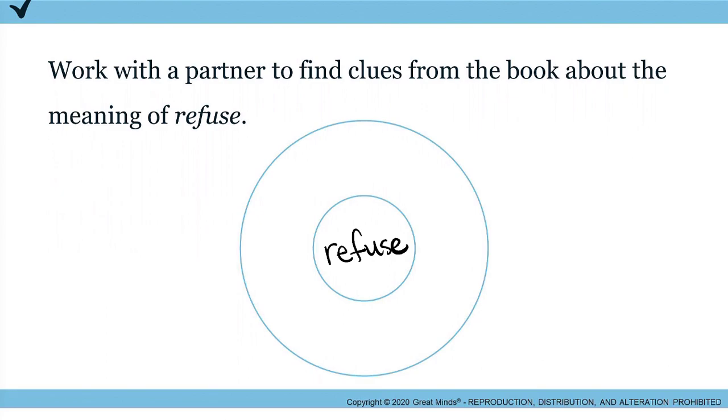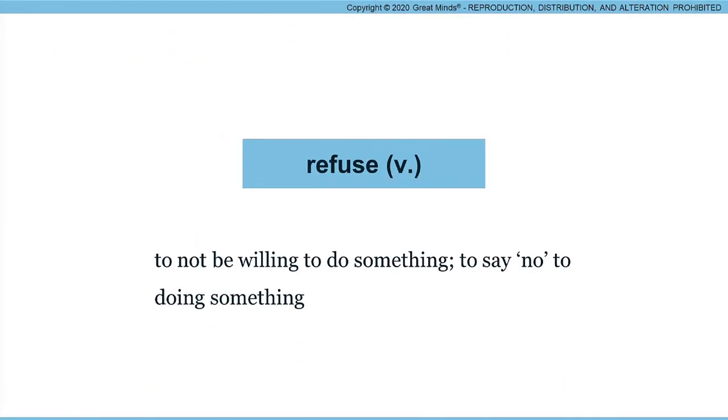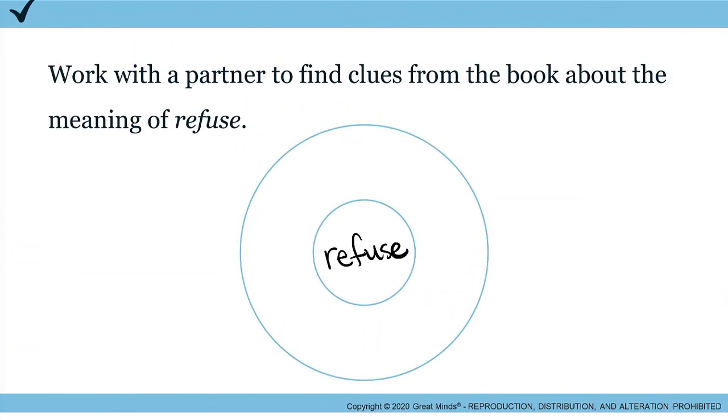We're going to look on page 22 of Martin Luther King Jr. and the March on Washington. If you don't have your book with you, that's okay. I'm going to take a picture of it, and I'll put it up on the screen here. Okay, so I'm going to look at page 22 in my Martin Luther King Jr. and the March on Washington book.